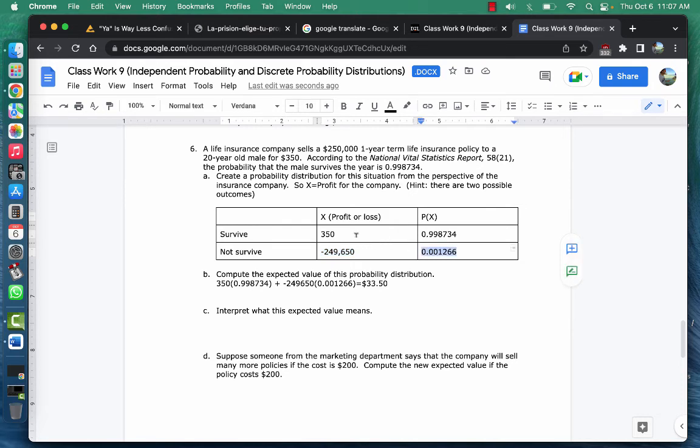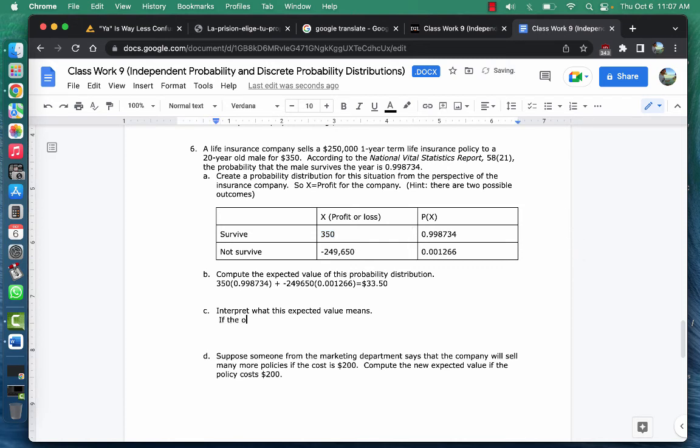If they were to sell this policy to many 20-year-old males, many of them they would gain $350 on, and a few of them they would lose $249,650.